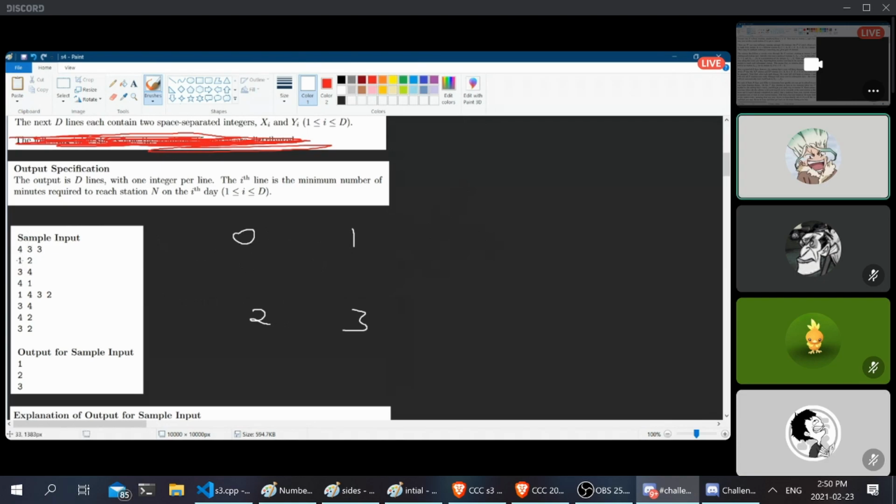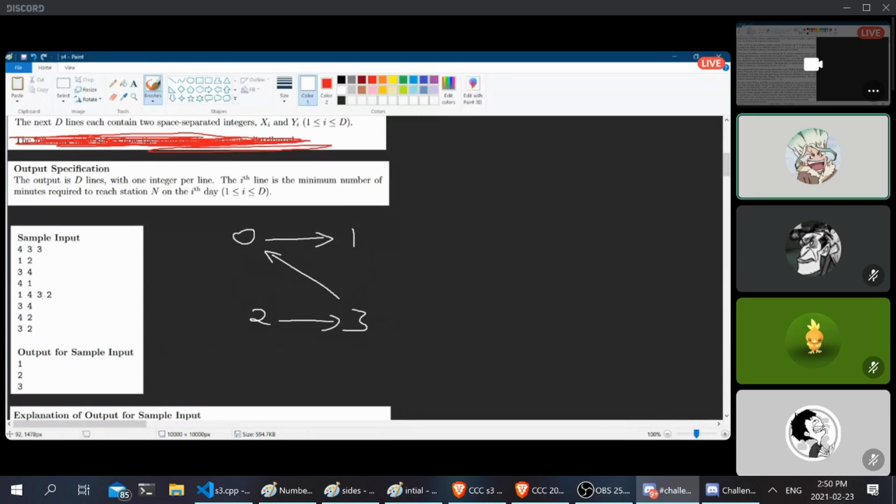And the first line of input connects 1 to 2. So I gotta remember that this is 1 higher than this. So this actually connects 0 to 1. And then this connects station 3 to 4, which in my notation is 2 to 3. This connects 4 to 1, which is 3 to 0. So this is what our walkways and our stations look like.